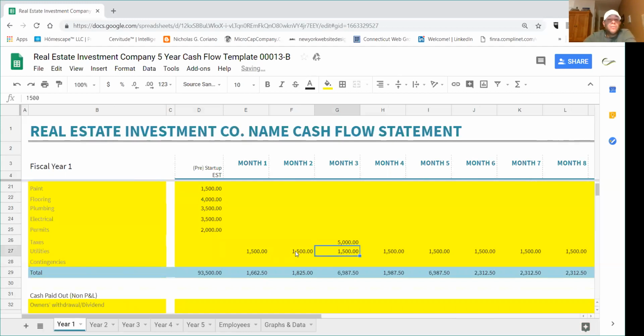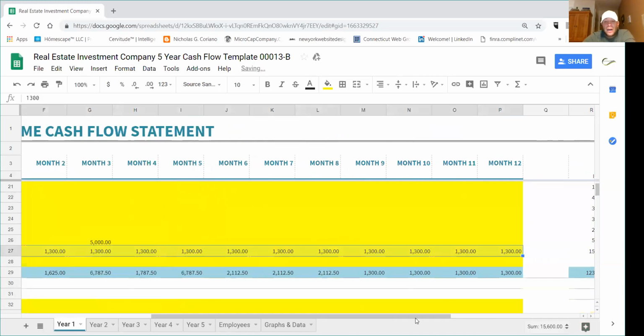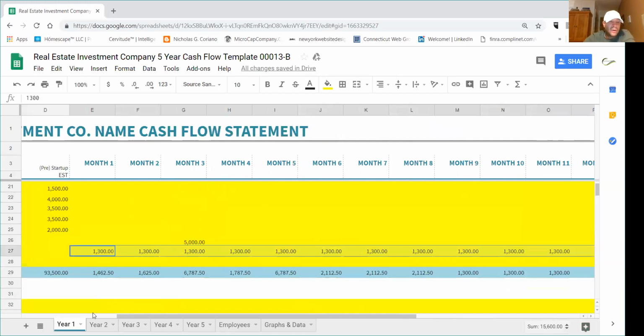Or maybe the utilities, you can save some money because you put some energy windows in, or you taped up the windows, or you closed up the building, whatever it may be, and you got these down to $1,300. All of a sudden you start cash flow. Anyway, you can do this on any cash flow statement. I just kind of wanted to show you guys what to do when you're analyzing a real estate investment deal.